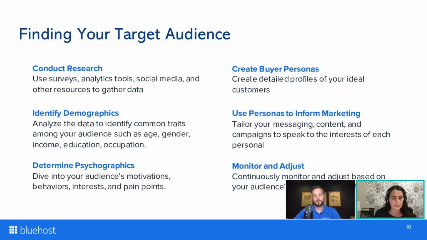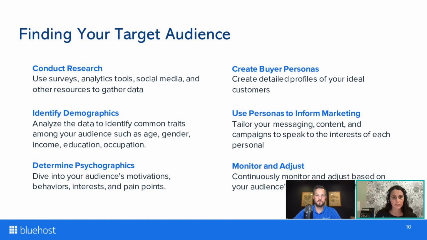One of the most important parts, in my opinion, of finding your target audience is also determining the psychographics. Your psychographics refer to their motivations, what drives them, what their interests are, the things that they love, and what pushes your customers.